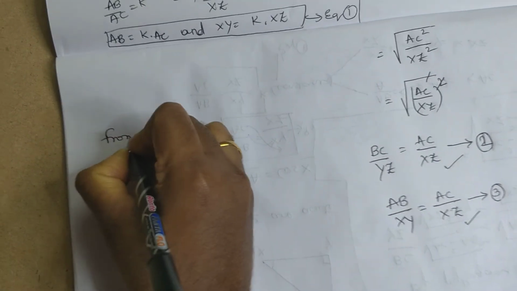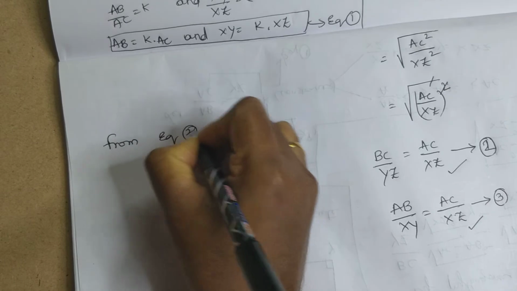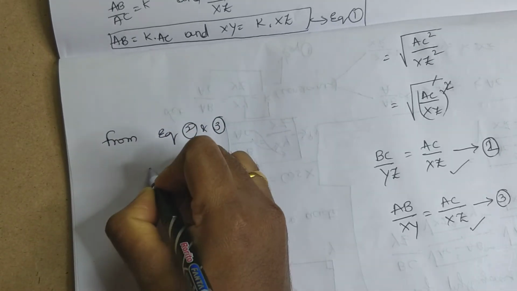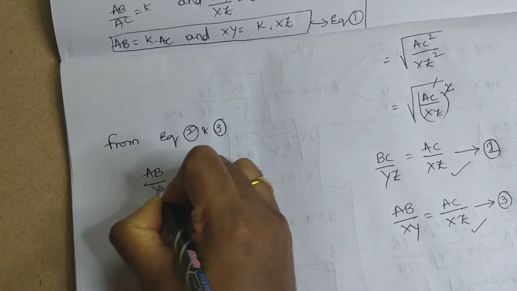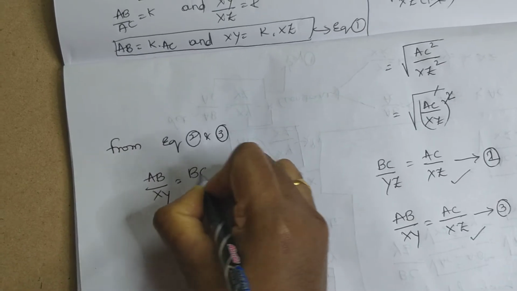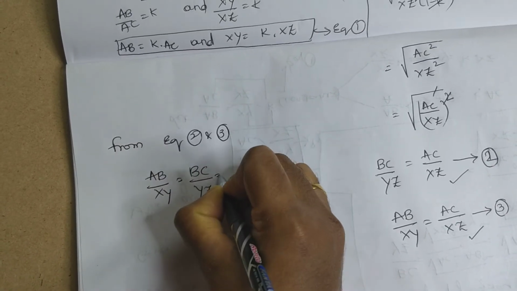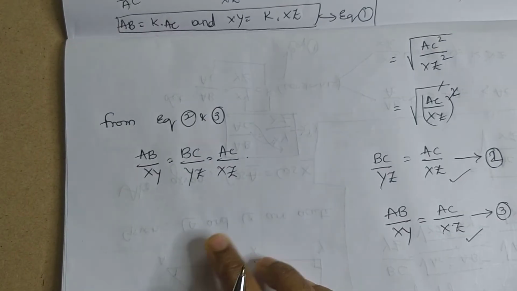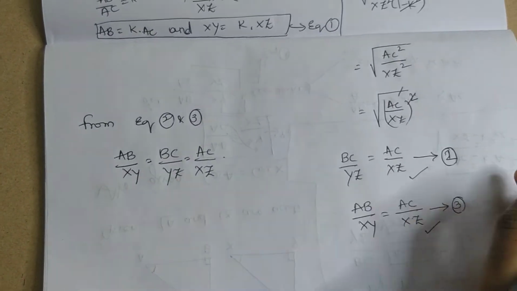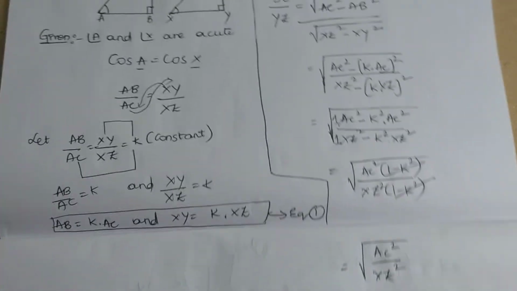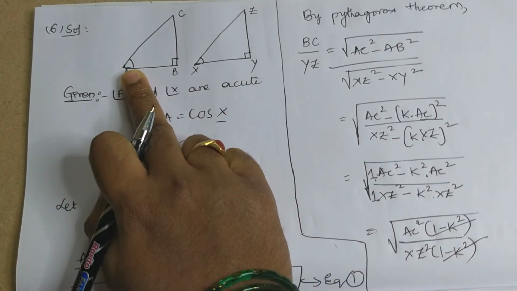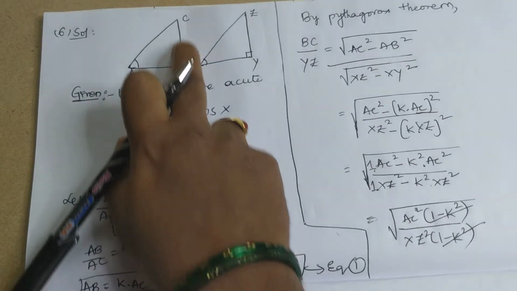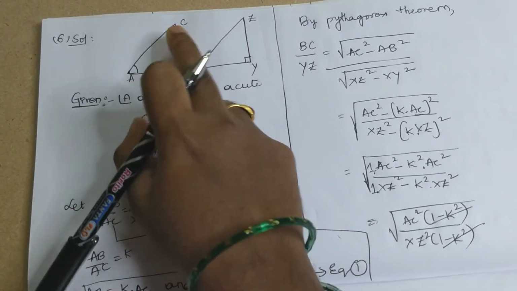From equation 2 and equation 3, what can we write? AB by XY equals to BC by YZ equals to AC by XZ. Correct? So let's see the same thing in the diagram, the figures which we drew. We got AB by XY equals to BC by YZ equals to AC by XZ.